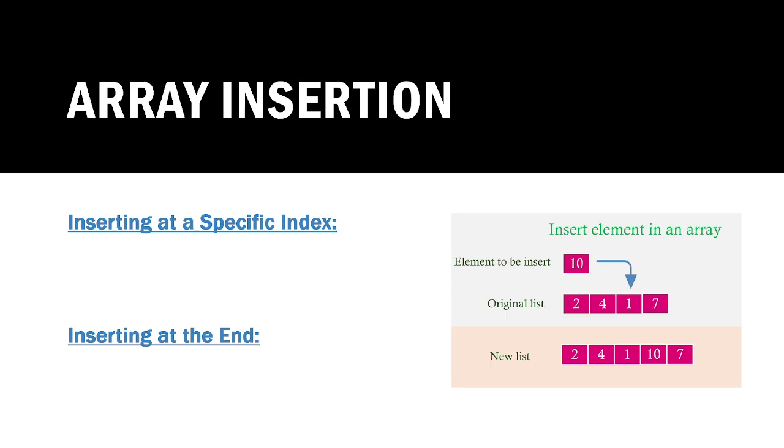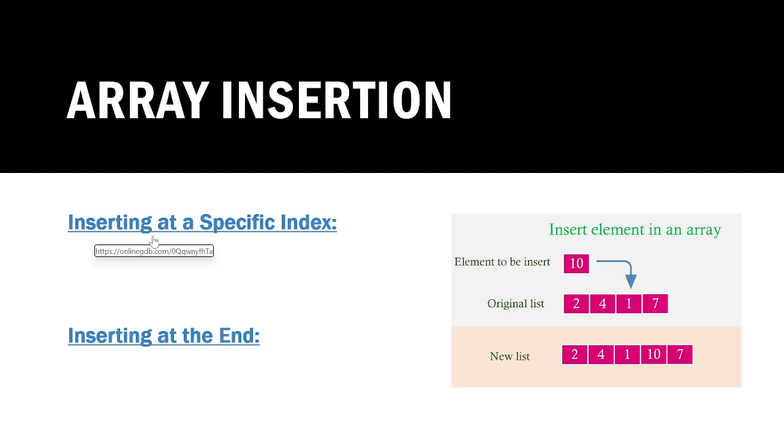When inserting an element, the elements at and after the insertion position may be shifted to make room for the new value. The insertion point is typically identified by an index or a position where the new element needs to be added. Array insertion is fundamental for dynamic data management, allowing the expansion or modification of an array's contents as needed in the program.